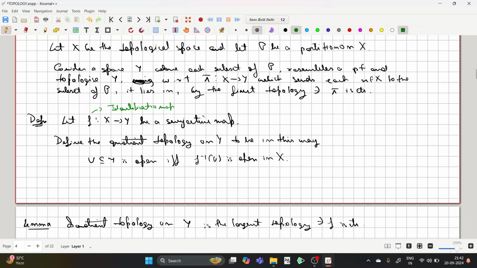This is the identification map, and this pi is also called the identification map, but at this point both of them make different sense in the way that pi is characterized by starting the definition in terms of partitions, while in case of f we are starting the definition in terms of a surjective map, but we now see that surjective maps and partitions are basically equivalent. Therefore, both of these definitions are equivalent. Okay. But to this I can add a small remark, and then this thing will be more clear.